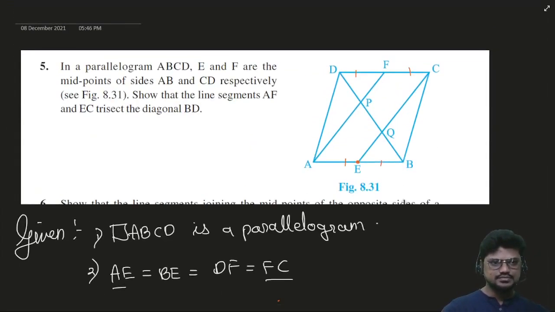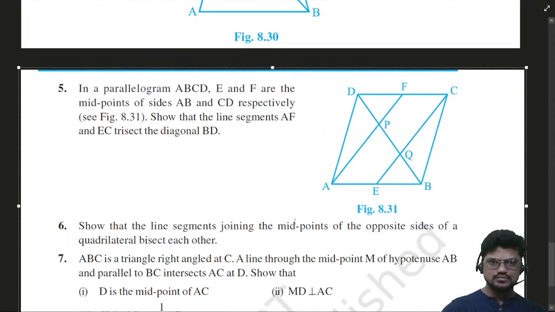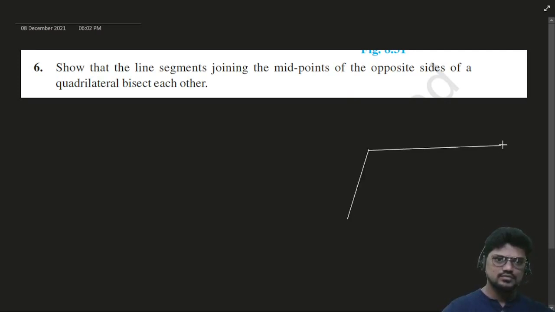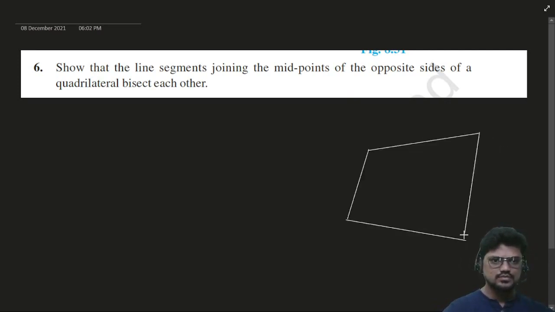The next question. Show that the line segments joining the midpoints of opposite sides of a quadrilateral bisect each other. Let's draw any quadrilateral. Okay, now what are they saying?